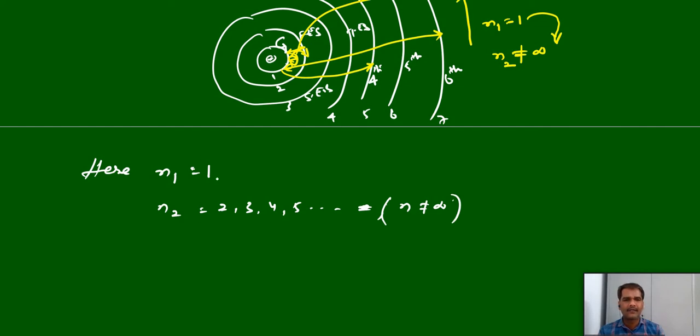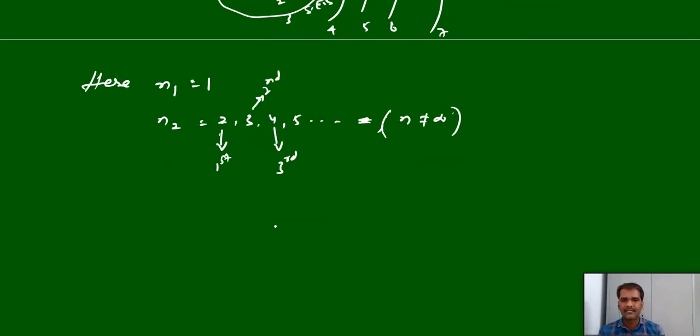If n1 equal to 1, n2 equal to 2, this is called first excited state. If n1 equal to 1, n2 equal to 3, this is called second excited state. If n1 equal to 1, n2 equal to 4, this is called third excited state.